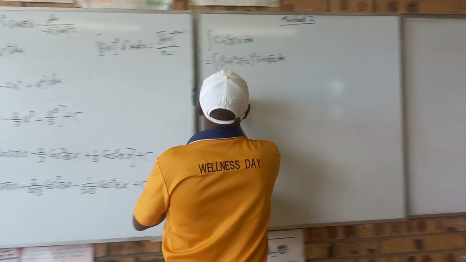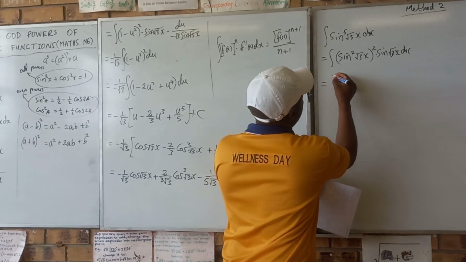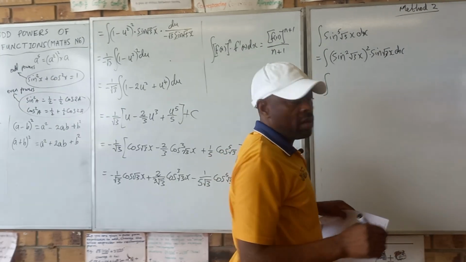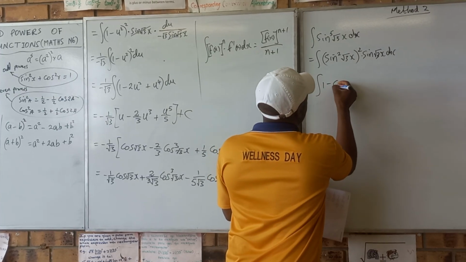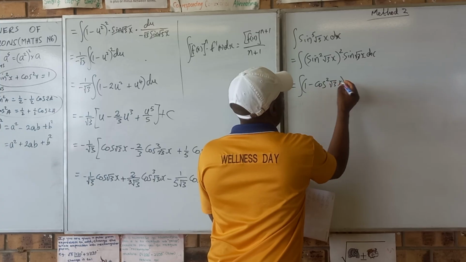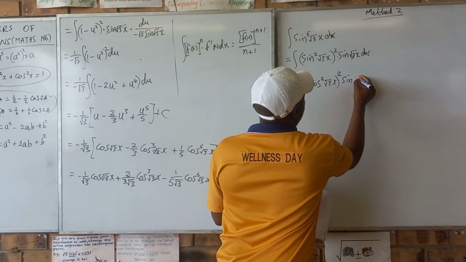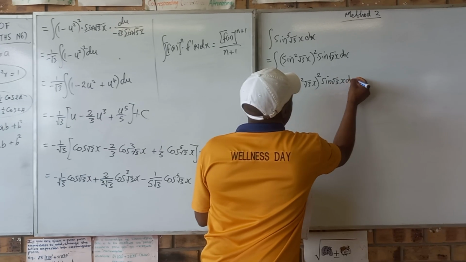Then from there, look for the meaning of sine squared. I'm getting it from the same place, so it will give me 1 minus cos squared. I guess I've explained already to you how to get to that. Then multiplied by sine of 3x dx.